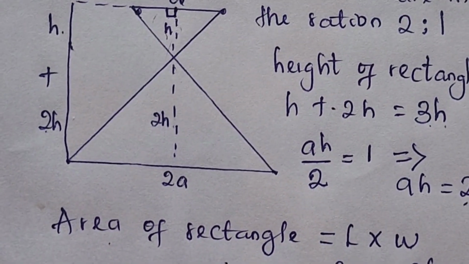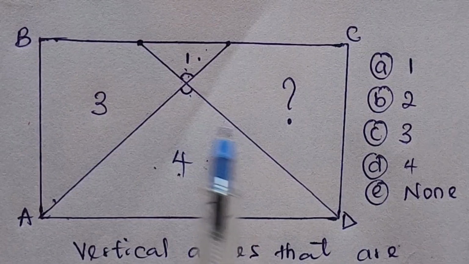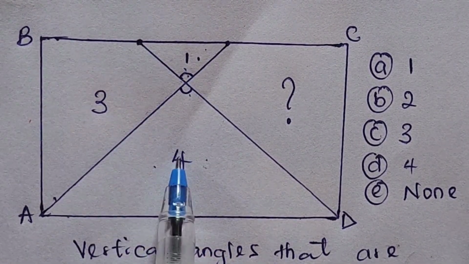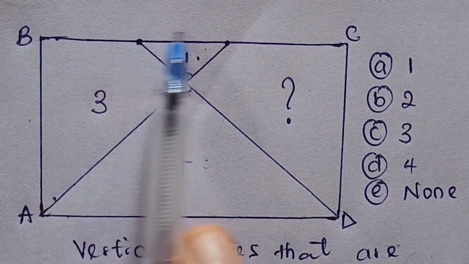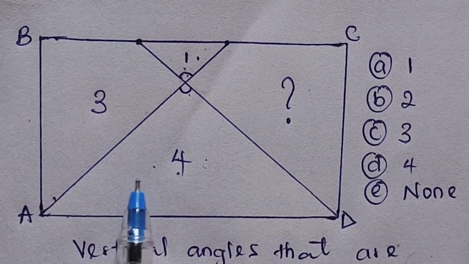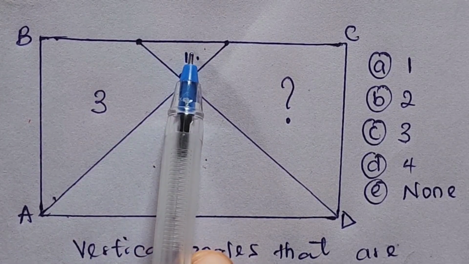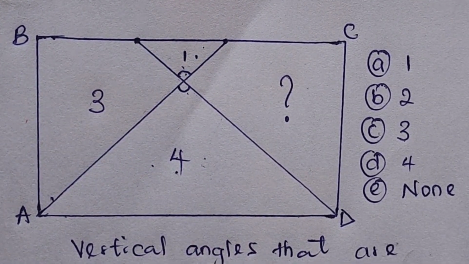Now let's recall that we are given the area of 3 parts of the rectangle, and we want to determine this missing part. Since we've gotten the area of the full rectangle as 12, we'll subtract 1, 3, and 4.